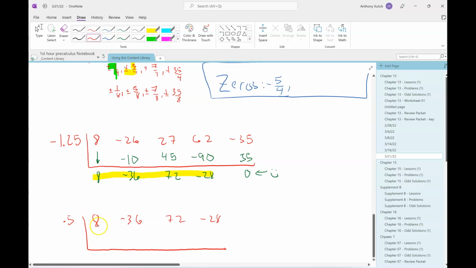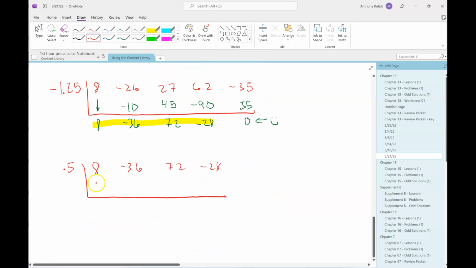And again, I'm going to write it as a decimal. You could write it as a fraction. It's not wrong, I'm just choosing to do it that way. All right, I picked the right one.